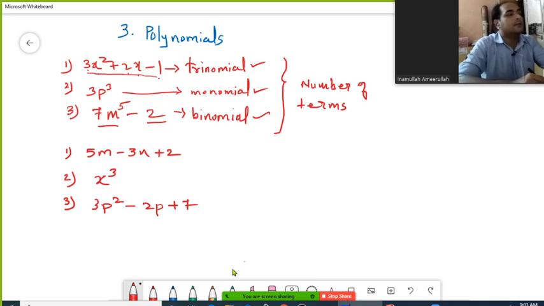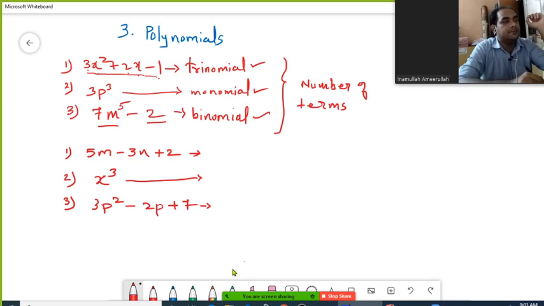Look, the highest degree in this polynomial is 1. This m has power 1, this n has power 1. So the highest degree of this polynomial is 1, and the highest degree of this polynomial is 3, and the highest degree of this polynomial is 2, because this p has power 2.